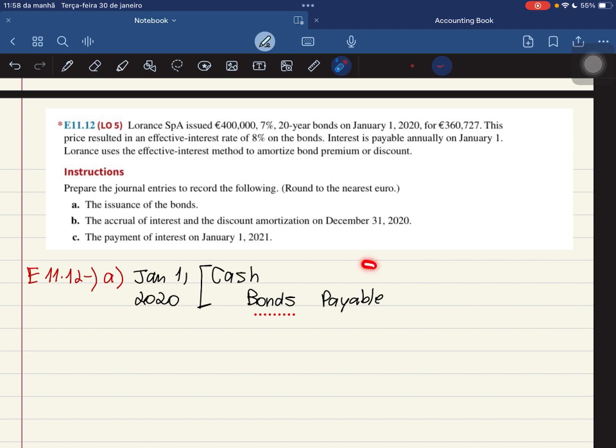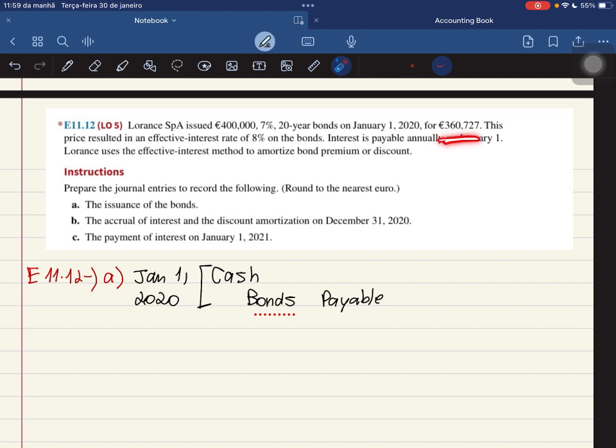This value over here is always the issuance price or the present value. If you issue your bonds at face value, then your issuance price is going to be equal to your face value. But in this case, we have two different numbers, which means that they were not issued at face value. This is the value that they spent in order to issue this bond.